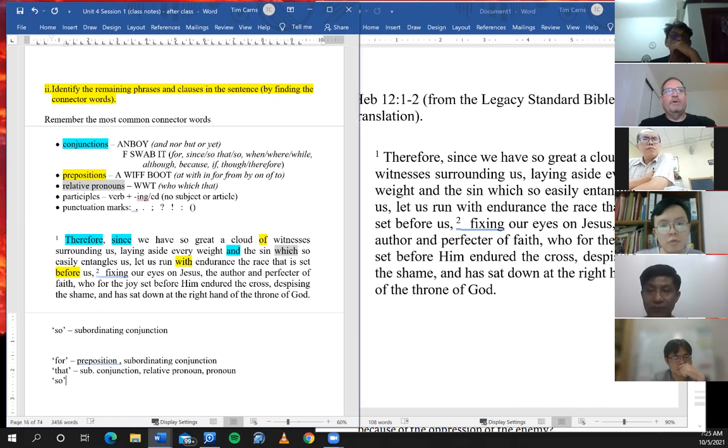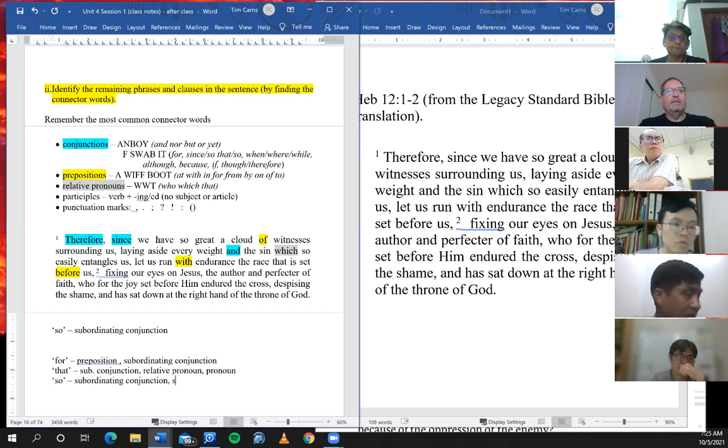And then there's the word so. Often the word so in English is a subordinating conjunction, but sometimes it functions as what is called a superlative. That is the idea of very.